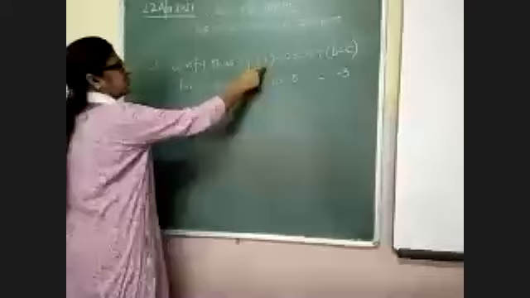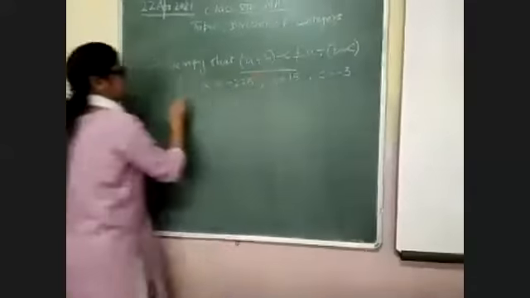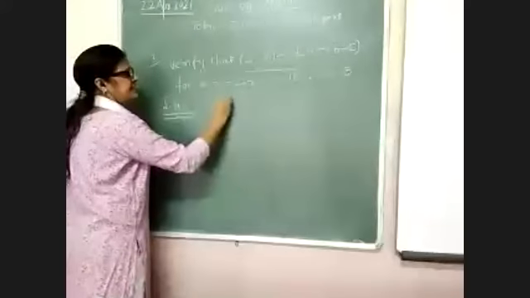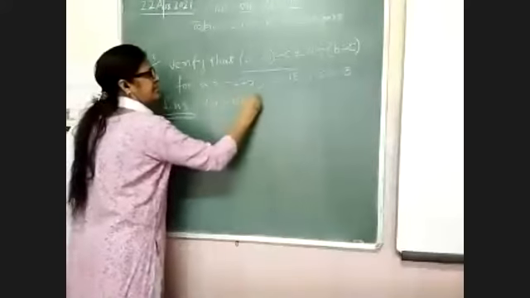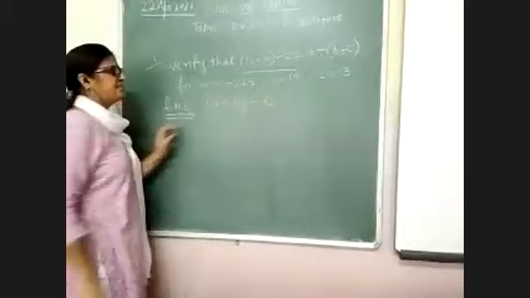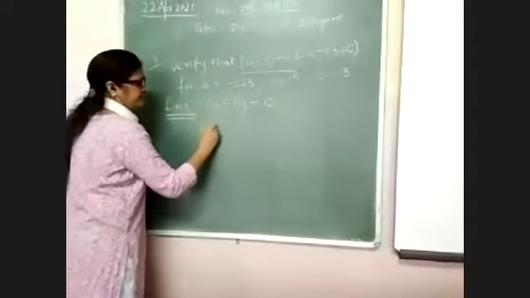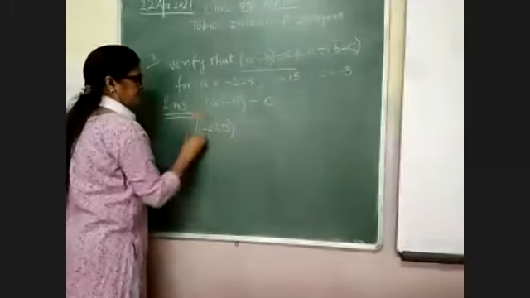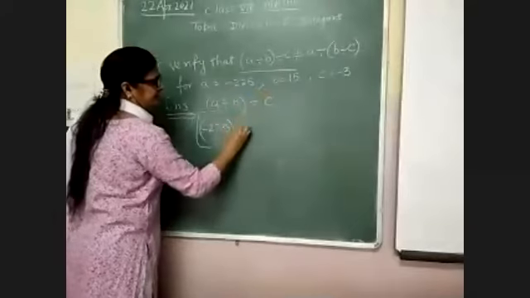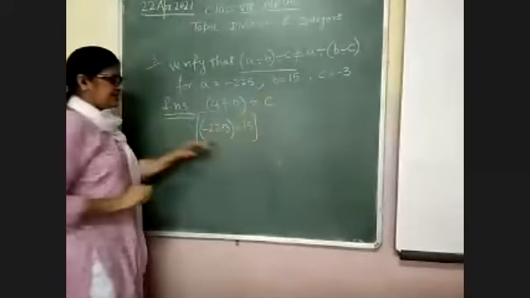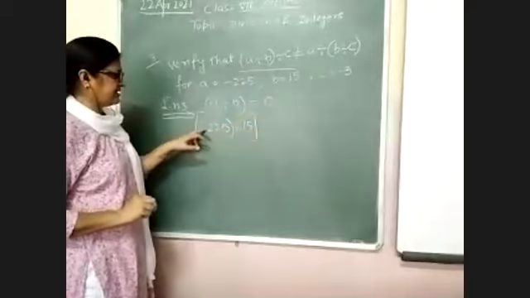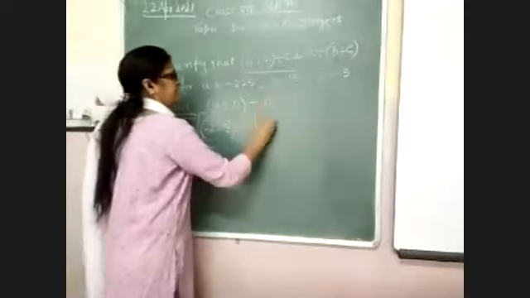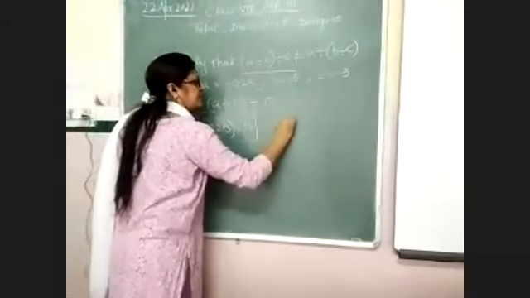First we have to solve this bracket and take the left hand side. In your left hand side, it is given A divided by B and again divided by C. A is given as minus 225, and B is given as 15. Write like this, because one sign is given in this bracket, one sign is negative, and divided by C, which is minus 3.